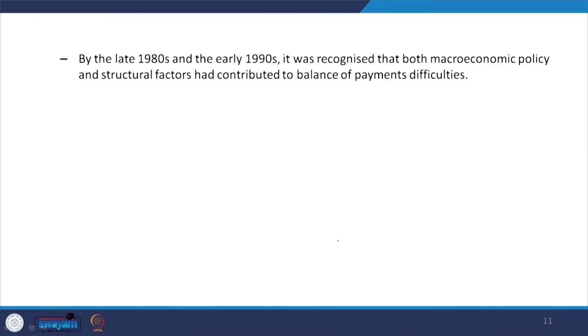One of the parallel channels of this transaction was the hawala market. I think many cases have been identified in India, many were caught due to the hawala channel. By the late 1980s and the early 1990s, it was recognized that both macroeconomic policy and structural factors had contributed to balance of payment difficulties.